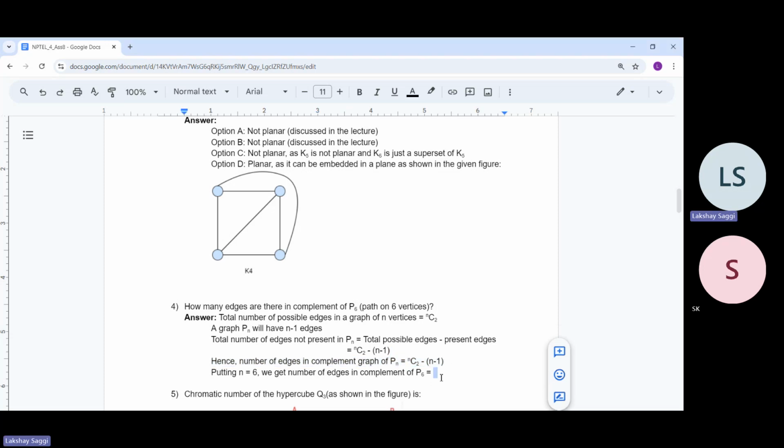And this will come out to be 6 into 5 by 2, which is 15, minus 5, which will be just 10. So putting n equal to 6 in this formula, we get the answer as 10. So the correct answer is 10.